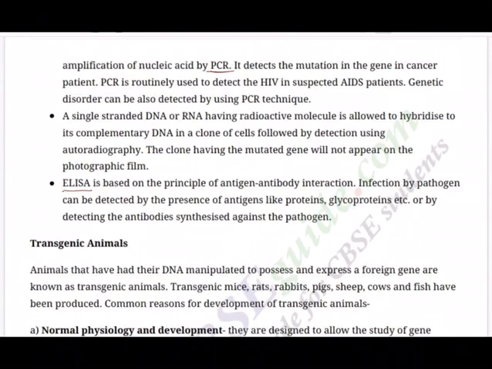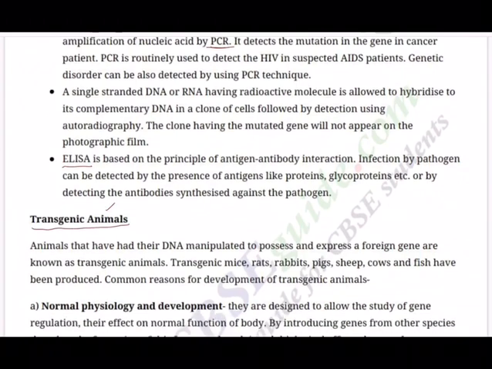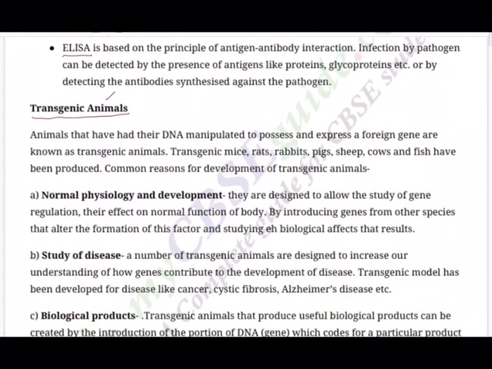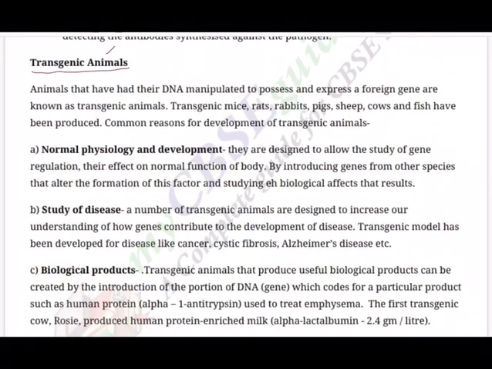So, having discussed all this, now we move ahead with transgenic animals. We talked about transgenic plants, and now it's the time to talk about transgenic animals. What are these? Animals that have their DNA manipulated to possess and express a foreign gene are known as transgenic animals.